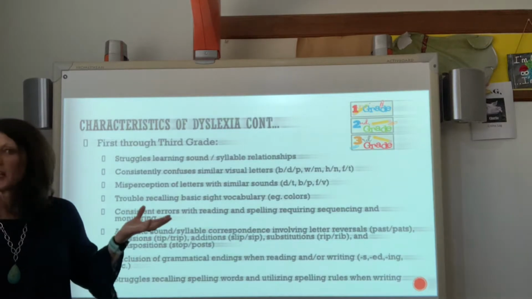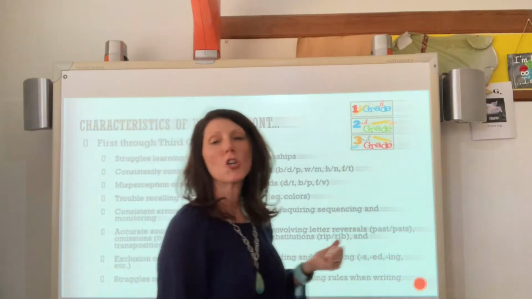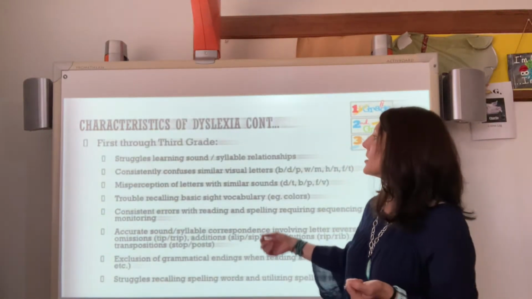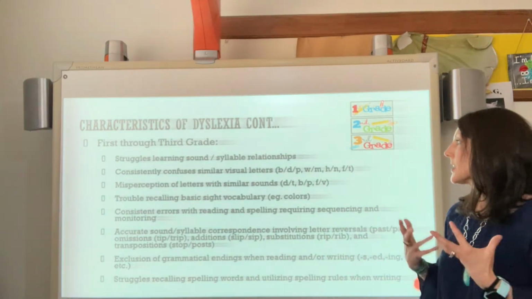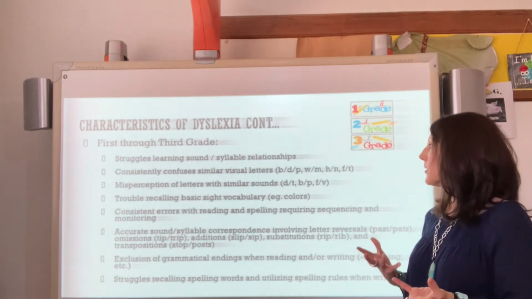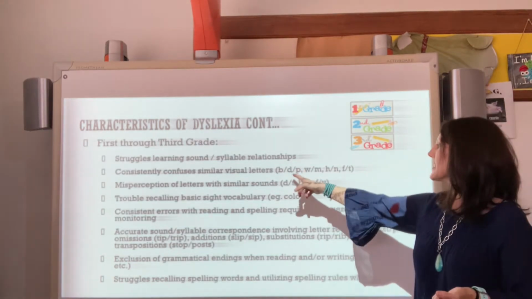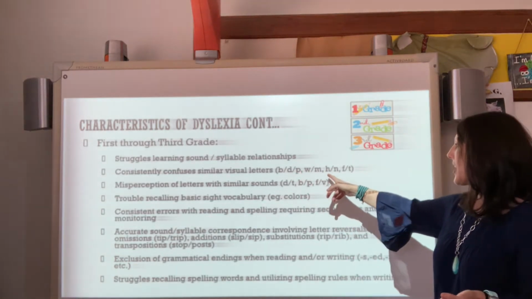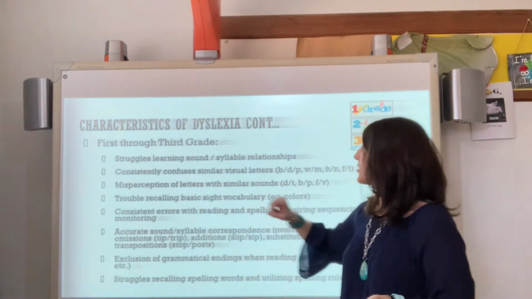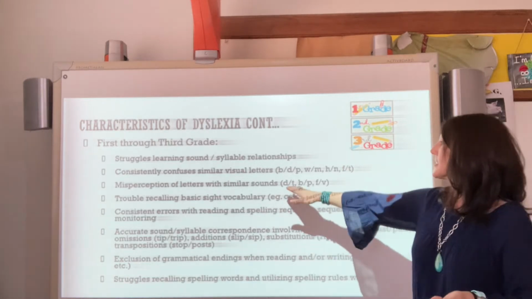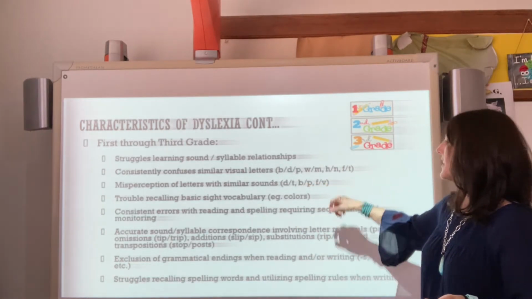And then first grade through third grade, the characteristics are: continued struggles learning sound-syllable relationships, consistently confusing similar visual letters, B, D, P, W, M, H, N, F, T, and misperception of letters with similar sounds, which is the DT, BP, FV.